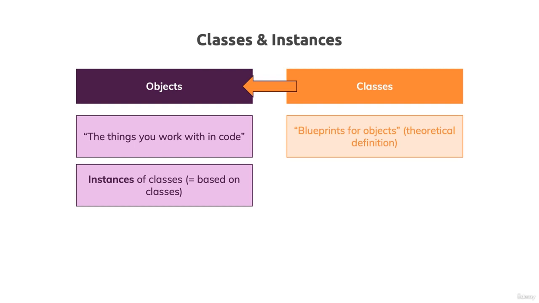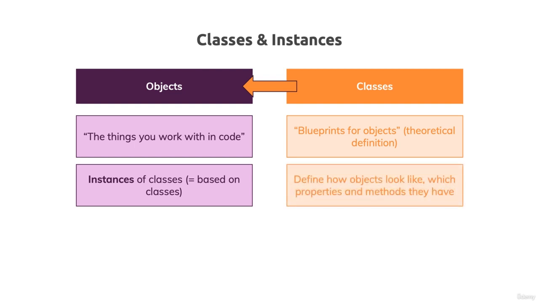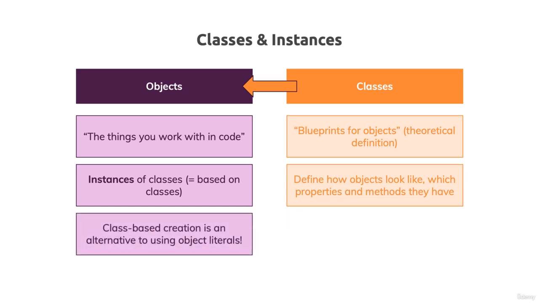So an object then is an instance of a class if it's based on such a class, so that we can quickly replicate multiple objects with the same structure, the same methods, based on the same classes. So classes help us define how objects should look like, which properties and methods they have, and so on. So classes exist to speed up the creation of objects, and it's simply an alternative to using the object literal notation you already know.